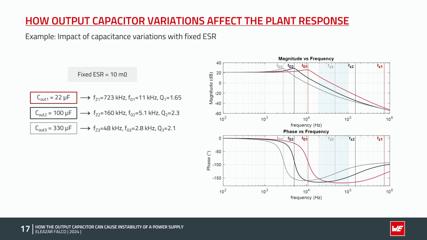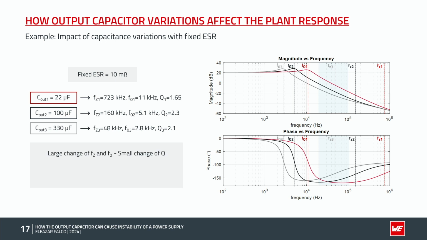The double pole has moved to an even lower frequency with the increase in capacitance, as we would expect, and it is now at 2.8 kilohertz. We can see how the ESR0 has some effect in the gain curve in the range close to the 100 kilohertz, but rather low.